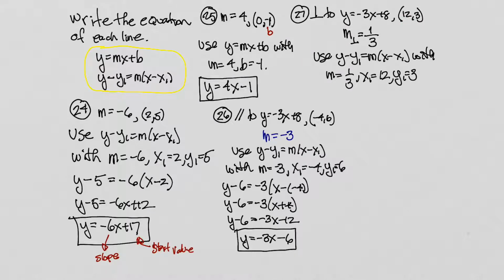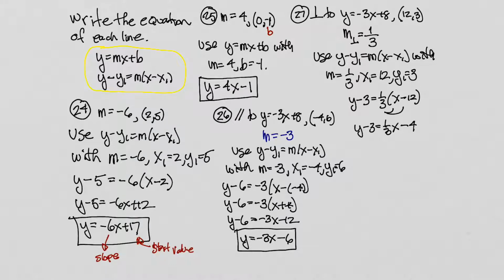So let's substitute in. We'll get y minus y1, but the only y we have is 3, equals m, or 1/3, times x minus x1, which is 12. Now let's take this 1/3 through, so we'll get y minus 3 equals 1/3 x, and now 1/3 times negative 12 is negative, and 1/3 of 12 is 4.